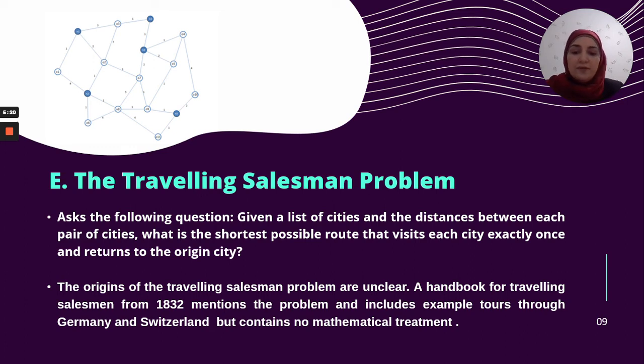The origins of the traveling salesman problem are unclear. A handbook for traveling salesmen from 1832 mentions the problem and includes example tours through Germany and Switzerland, but contains no mathematical treatment.